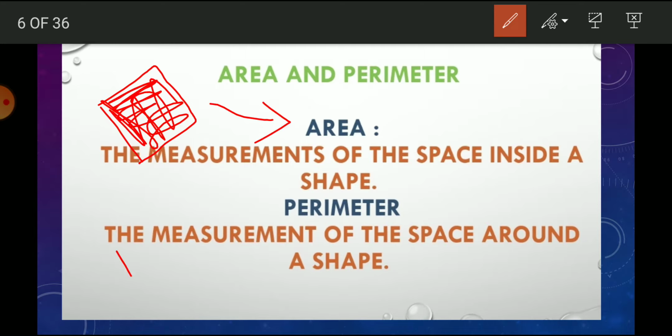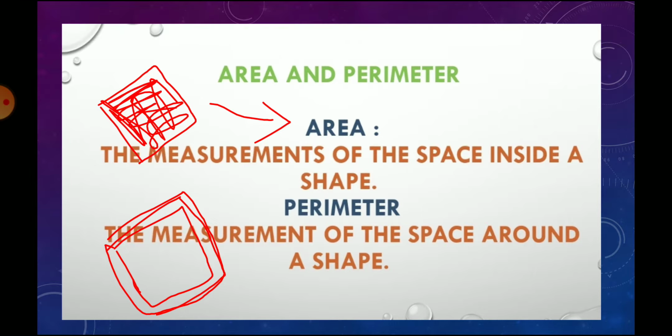Now I take again one square. The measurement of the space around a shape is called perimeter. The inside is area and around it is called perimeter.